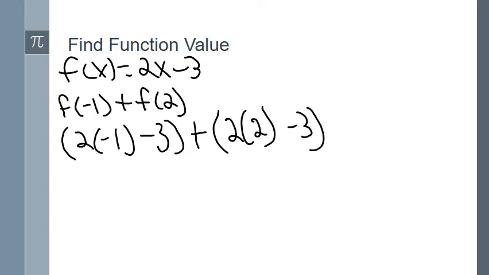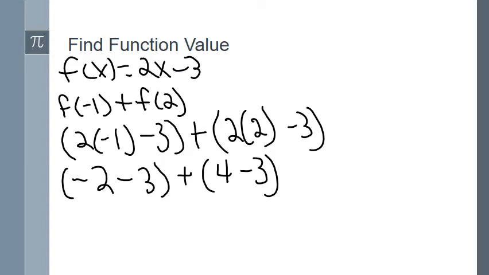Of course, we got to do order of operations here, so we got to solve what's in here first. So 2 times minus 1 is minus 2 minus 3, plus 2 times 2 is 4 minus 3.